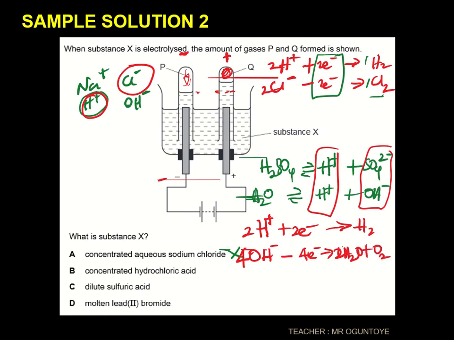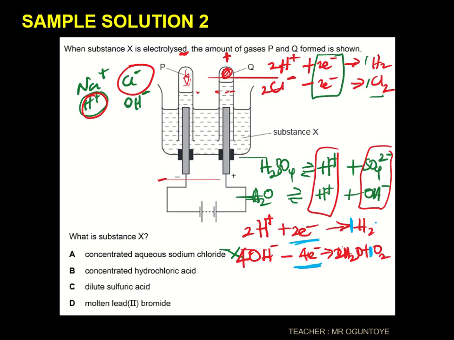So if you look at this now, we have 1 molecule of oxygen formed versus hydrogen. But the quantity of electricity required is 4 moles of electron transfer to produce 1 mole of oxygen, while it requires 2 moles of electrons to produce 1 mole of hydrogen.